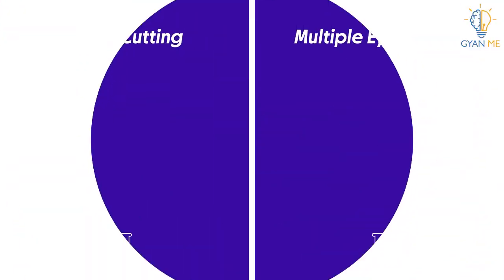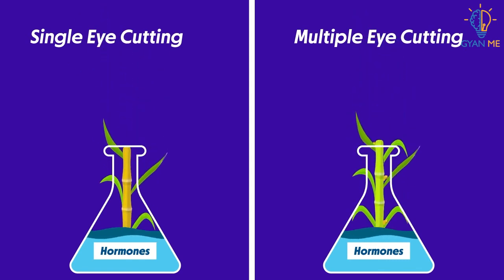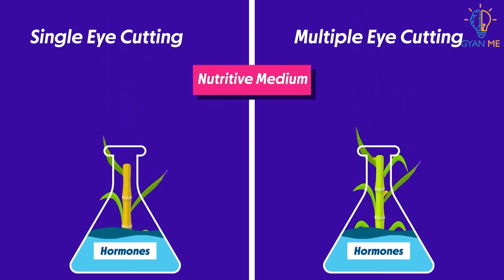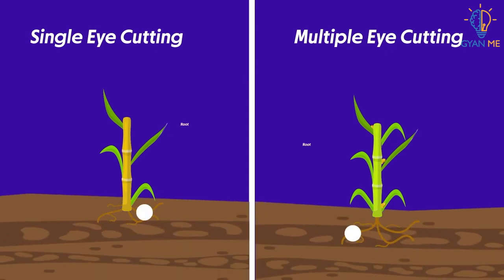In both the cases, insert the cutting vertically in the medium, yes, nutritive medium, and not in the soil, with the node just touching the surface of the medium. Now when roots start appearing here, take them out, pot them in the soil, and the new plant will grow out of it.